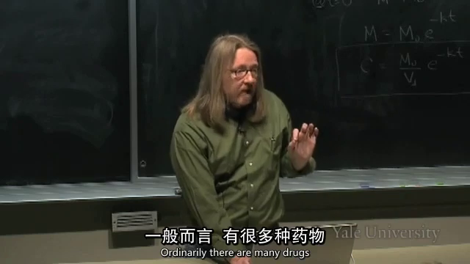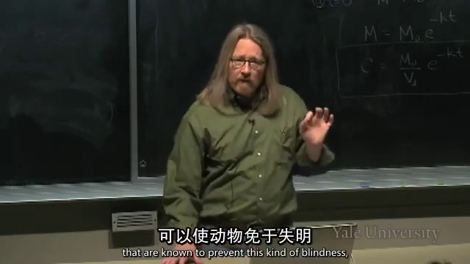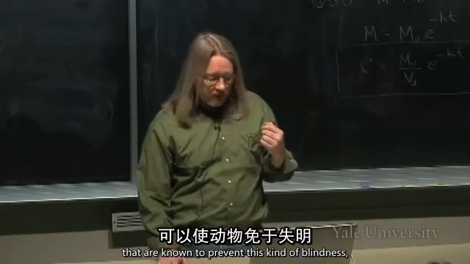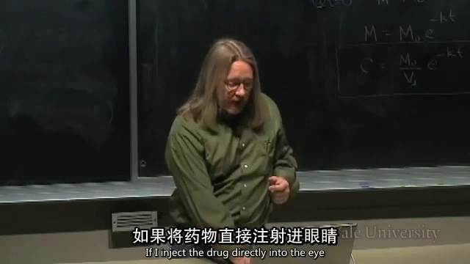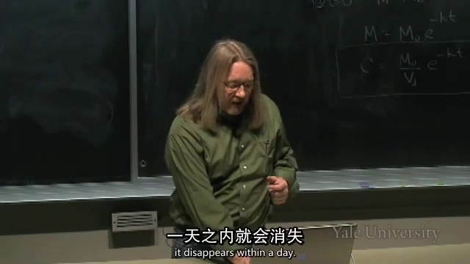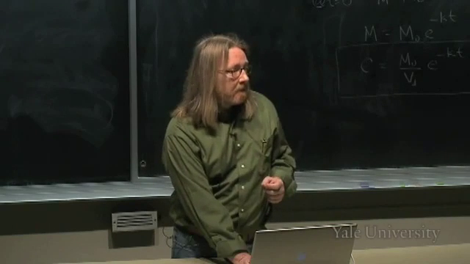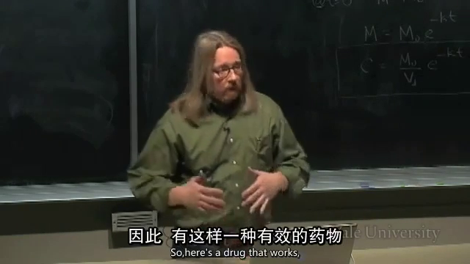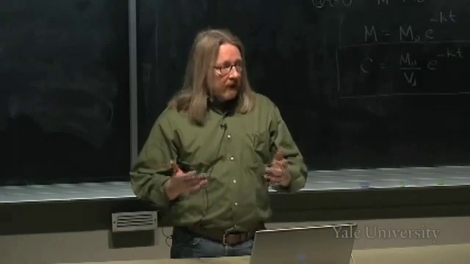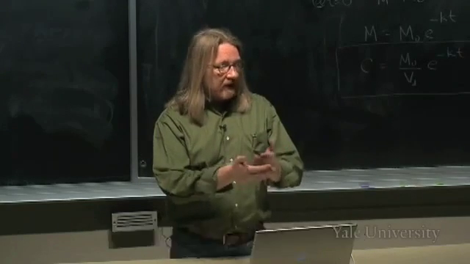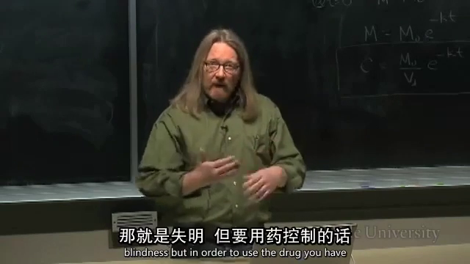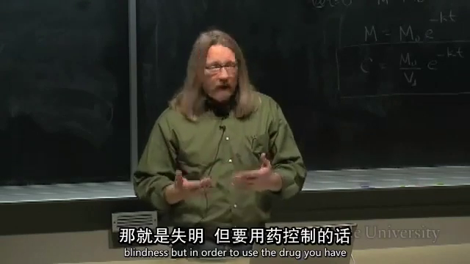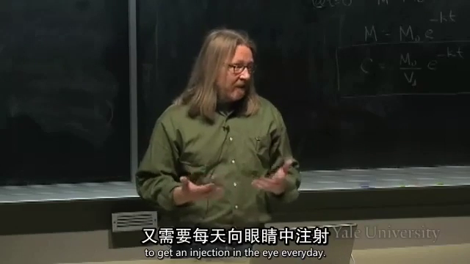And ordinarily, there are many drugs that are known to prevent this kind of blindness, but they have short half-lives. So if I inject the drug directly into the eye, it disappears within a day. So here's a drug that works. Here's a condition that it works in. It's a condition that causes a very serious medical problem, blindness. But in order to use the drug, you have to get an injection in the eye every day.